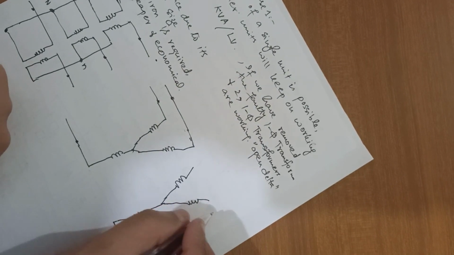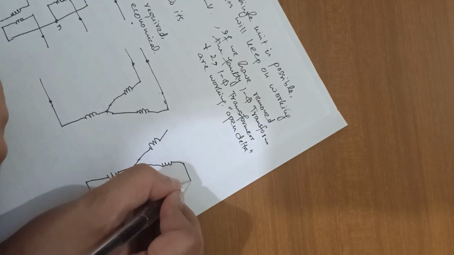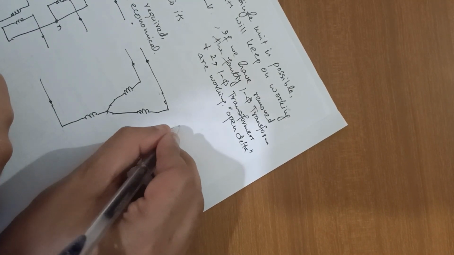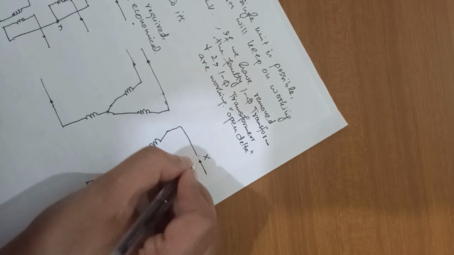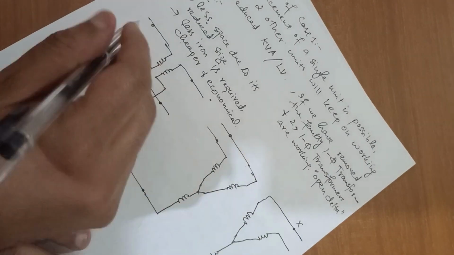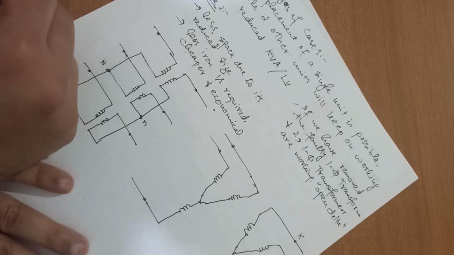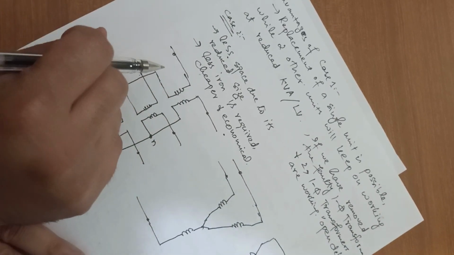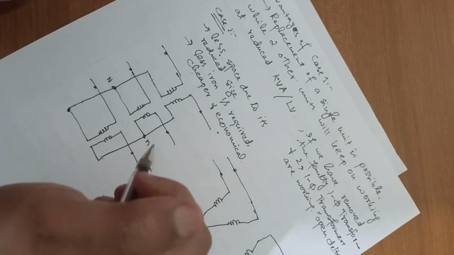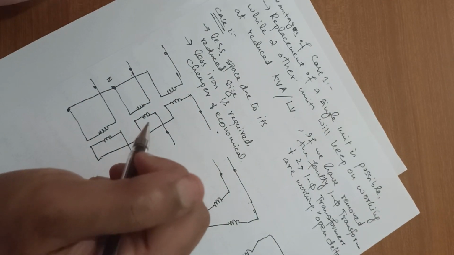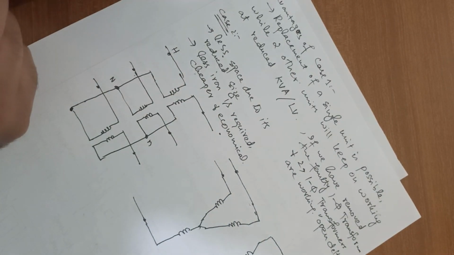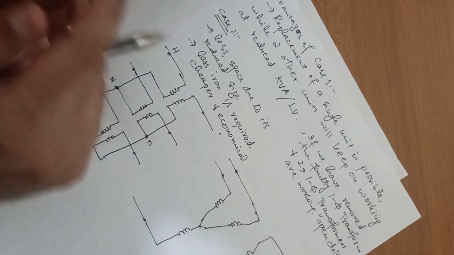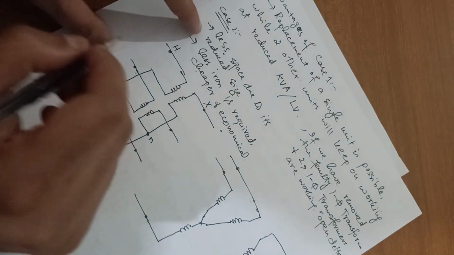Let me tell you that according to the American standard of designating terminals, the terminals on the left hand side, that is the high voltage side, are represented as H, whereas the terminals on the right side, on the low voltage side or secondary side, are represented by X, right?